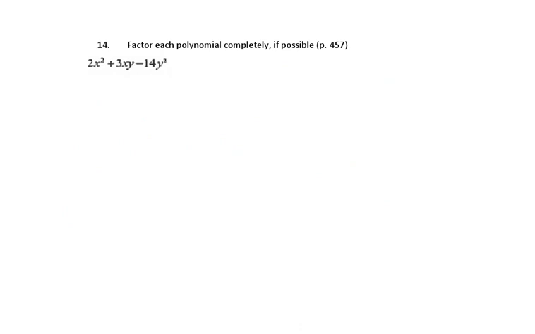All right, same thing. If you multiply 2 times negative 14, you get negative 28. The next step is we have to make a list of numbers that multiply to 28. There's 28 and 1. There's 14 and 2. There's also 7 and 4.